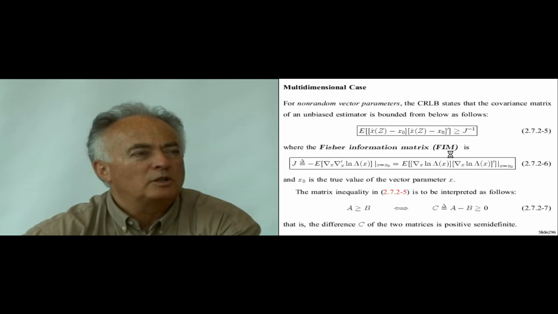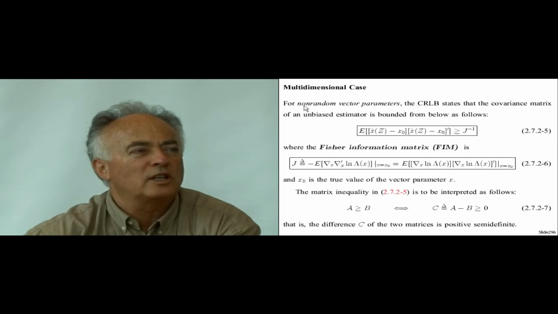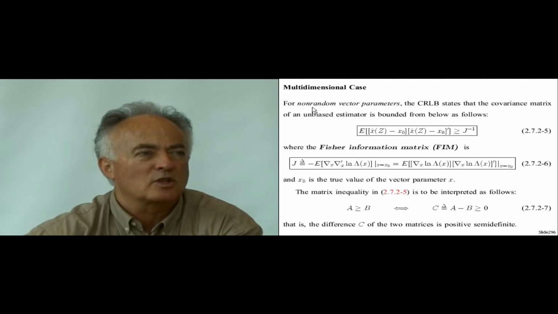There is a multidimensional counterpart. If you have non-random vector parameters, the Cramér-Rao lower bound states the following. The covariance matrix of an unbiased estimator is bounded from below as follows.